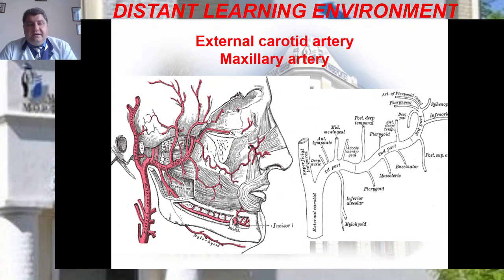One of them is the major palatine artery, and there are 2 or 3 inconstant lesser palatine arteries. All these arteries give branches for the soft palate and also for the hard palate, for bony tissue. And also they give branches and make anastomosis with septal arteries, for inferior parts of the nasal septum.